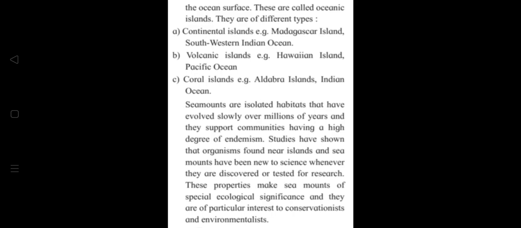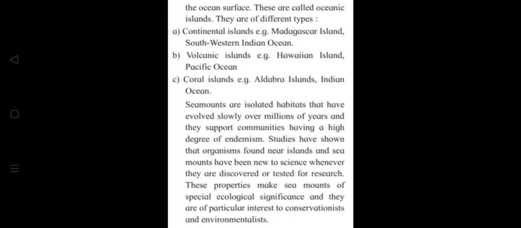Basically, these are new discoveries, and whenever new organisms are discovered, they are tested for research.